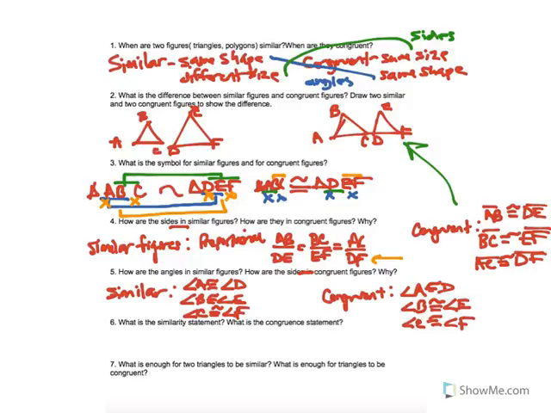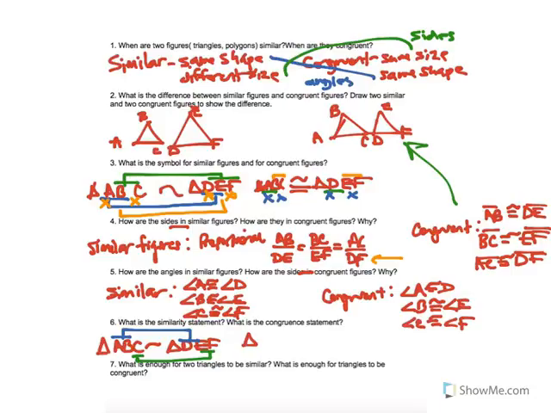Number 6, what is the similarity statement? What is the congruence statement? The similarity statement looks like this: triangle ABC is similar to triangle DEF, and it gives us all that juicy info. It tells us what sides are corresponding, and it also tells us what angles are corresponding, okay?